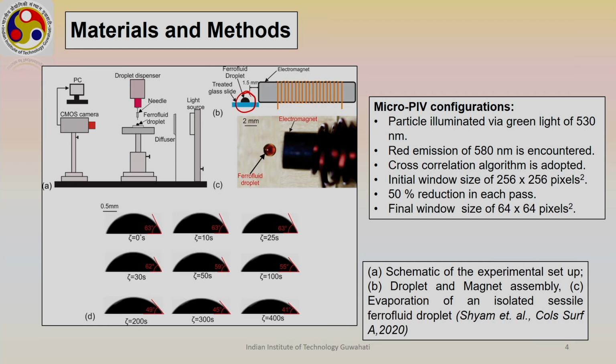You can consider that the droplet will have a few nanoparticles, and our intuition is that when the electromagnet circuit is on, that means the magnetic field is produced, and the moment the magnetic field is produced, particles will migrate towards the contact line.